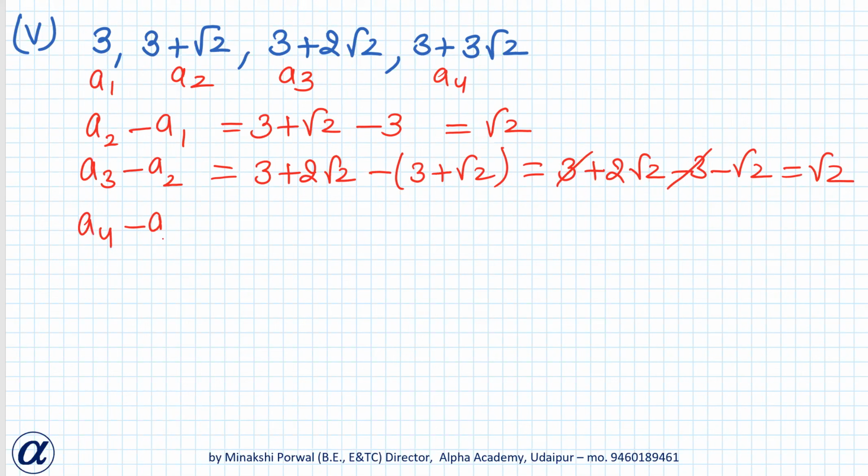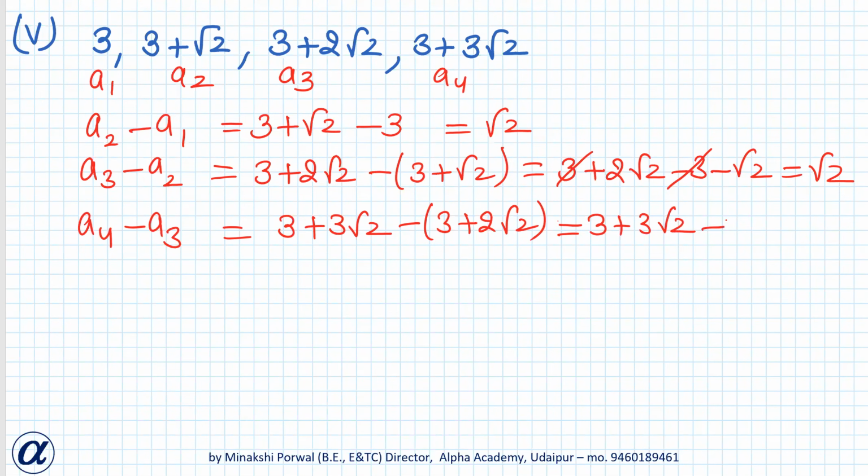A4 minus A3, that is equal to 3 plus 3 root 2 minus 3 plus 2 root 2, that is equal to 3 plus 3 root 2 minus 3 minus 2 root 2. So 3 root 2 minus 2 root 2, that is root 2 only. So yes, it is an AP.